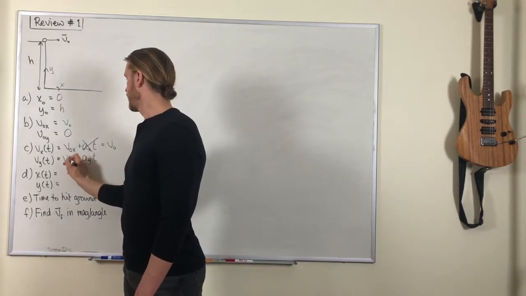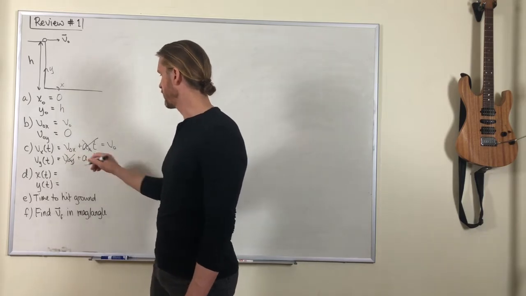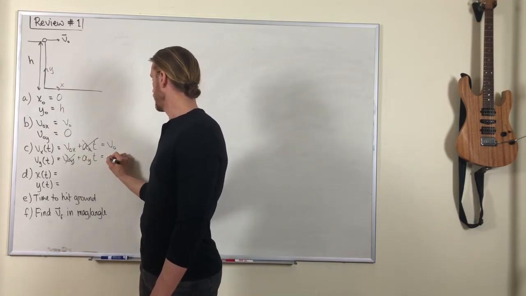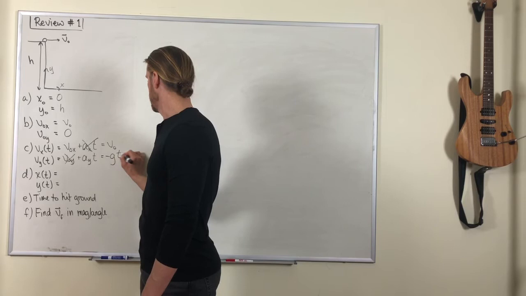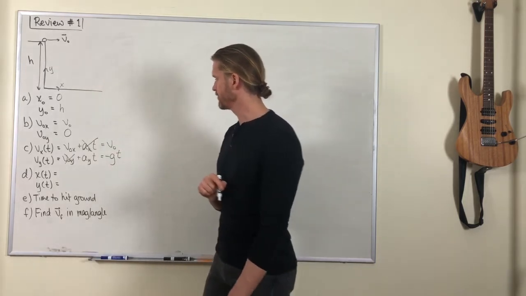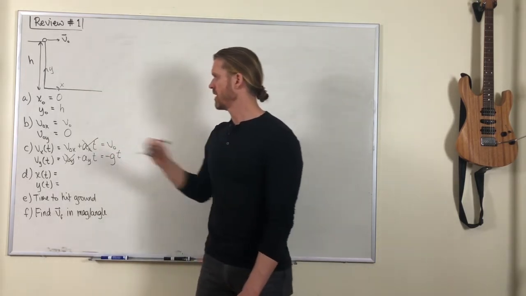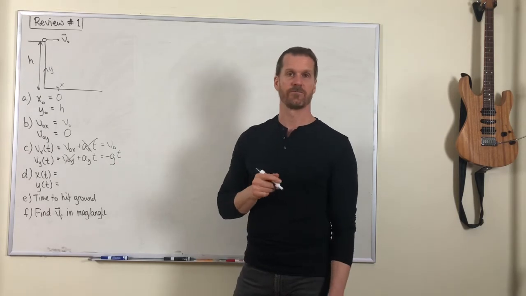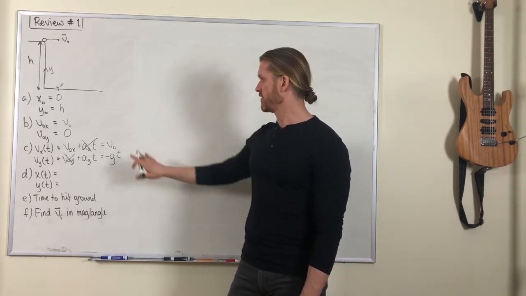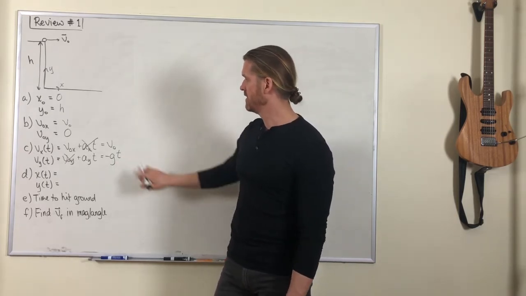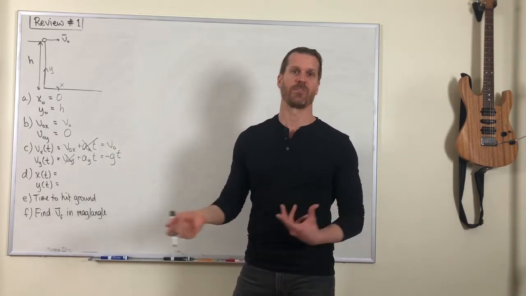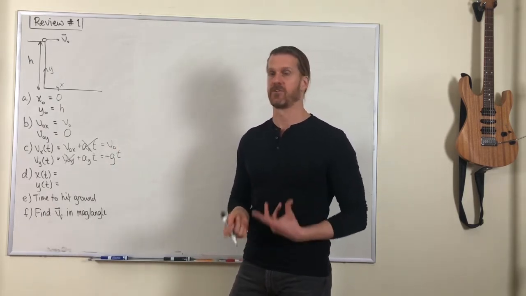So it starts out as 0, but this term is not 0. It equals minus g times t. So that's our equation for the velocity components as a function of time. The x component doesn't explicitly depend on time, it's a constant function.